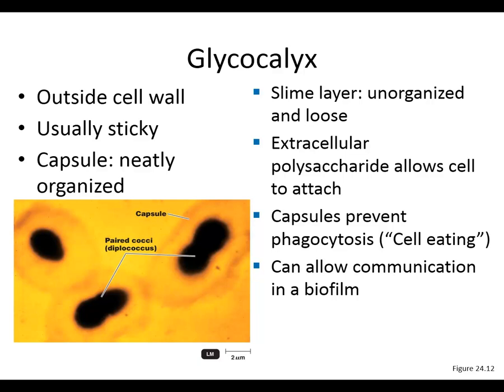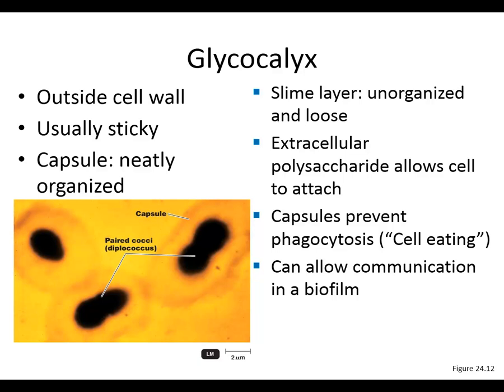Well, each of these is important. If a bacterium makes a capsule, that's important because it makes the bacteria more resistant to what's called phagocytosis. If you've got a capsule, it's harder to do that to a bacterium that has a capsule than one that doesn't.